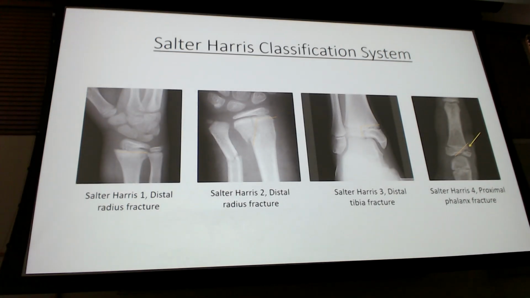All right. This is a nice review of the Salter-Harris classification system. Remember, I will not give you any 5s on the exam because they are darn near impossible to see on imaging. Don't pick Salter-Harris 5.